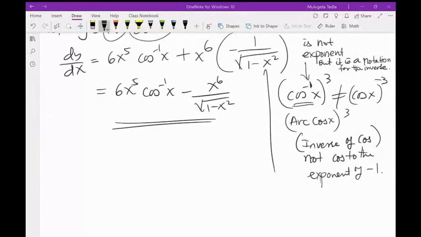You have a question, Luca? I have a question. Is there an application for arccos x to the power 2 or 3? Because usually we use arccos x for finding the angle. Yes, the application could be if it's part of a process.